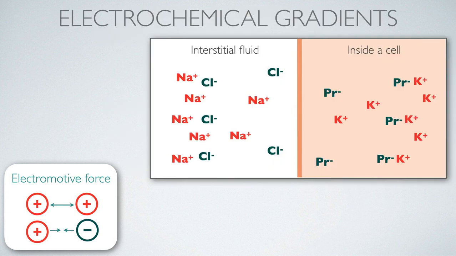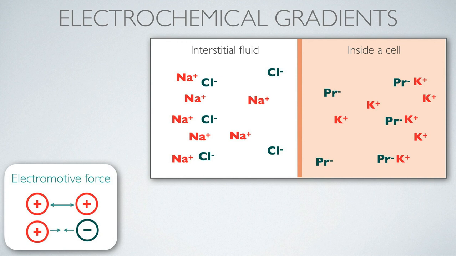And here we have a slightly more realistic mixture of substances in solution, both inside on the right and outside of a cell on the left. And outside the cell, it's common to have a high concentration of sodium. We're showing the positively charged ions in red and the negatives in green.